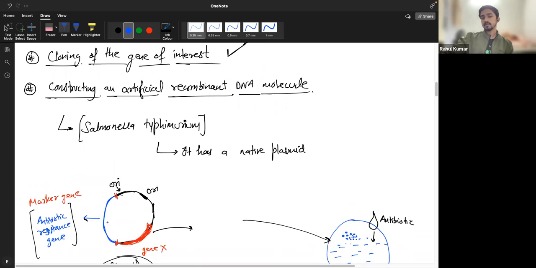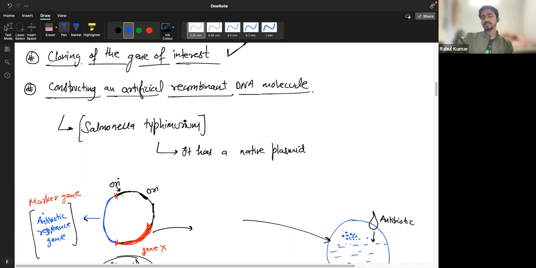And I also told you that is how we can construct an artificial recombinant DNA, because we can put our gene of interest, let's say this gene X, in a plasmid with a marker gene. We know that if our plasmid is getting replicated and expressed, then we will also see the marker gene.